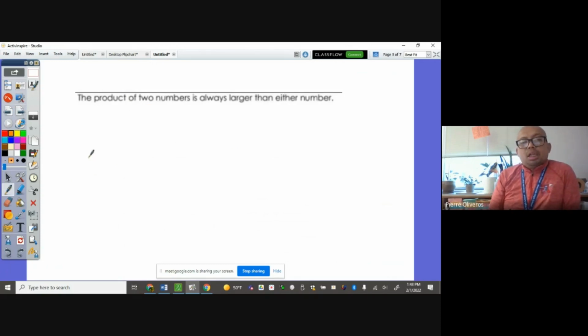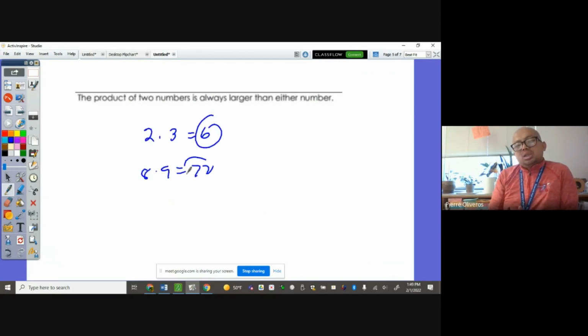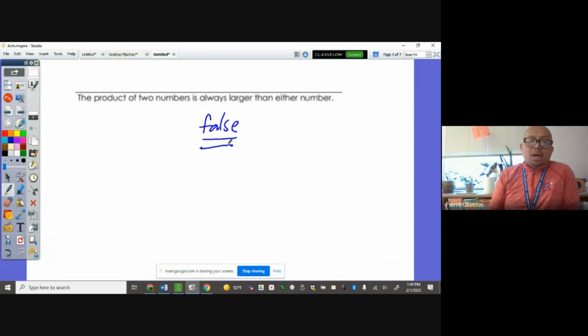Next, the product of two numbers is always larger than either number. You can think that 2 times 3 is 6, 8 times 9 is 72. 6 or 72 will be bigger than its factors. Yes, it's true. But is it always true? The answer is, it's a false conjecture. Here's my counterexample.